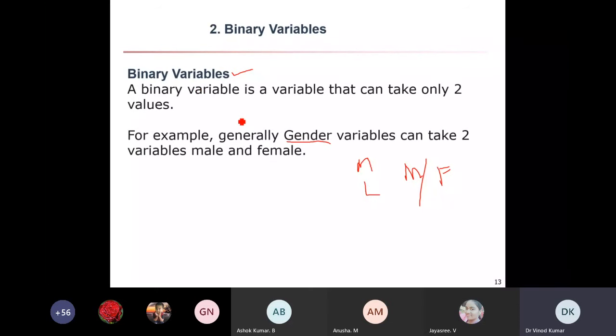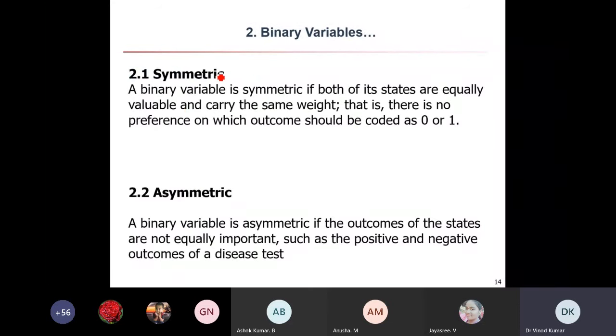The major discussion is the two varieties: symmetric and asymmetric binary variables. What is a symmetric variable and what is an asymmetric variable? Symmetric variables have two states and are called symmetric if they have the same weightage for both outcomes.